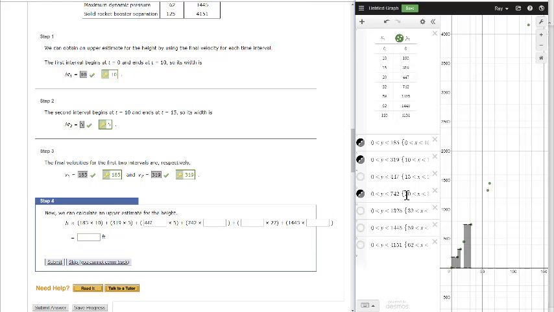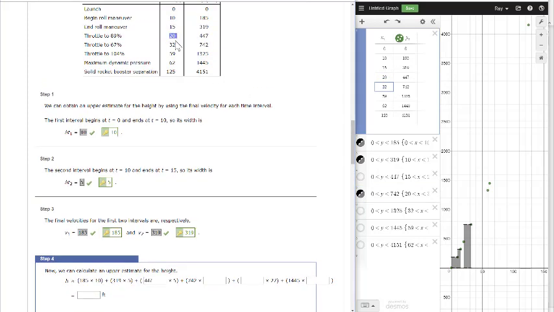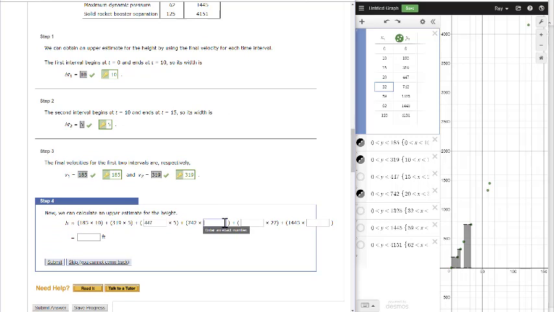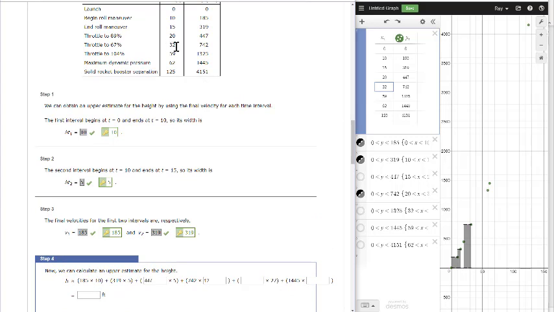That goes from 20 to 32. So it goes from 20 to 32, or in the table, 20 to 32. And so we subtract to find the difference, and the difference there is going to be 12. For the next one, from 32 to 59, the difference was 27.